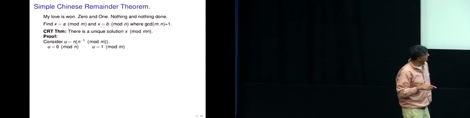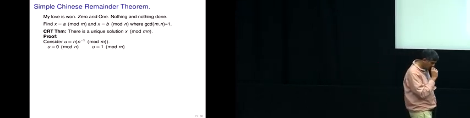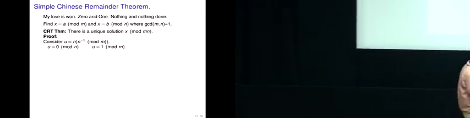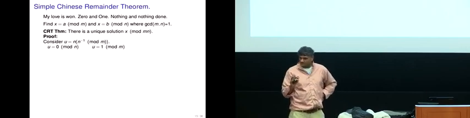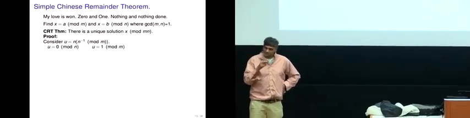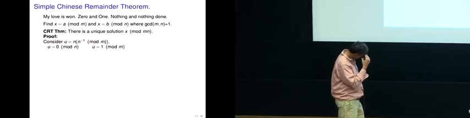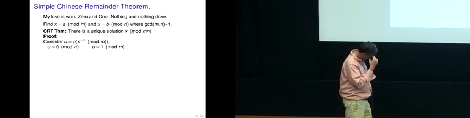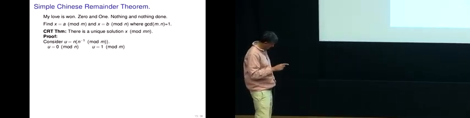They're primes, so the GCD of m and n is 1. Or wait, let me just think for a second. They're different primes, think of them that way. I'm trying to think of something.